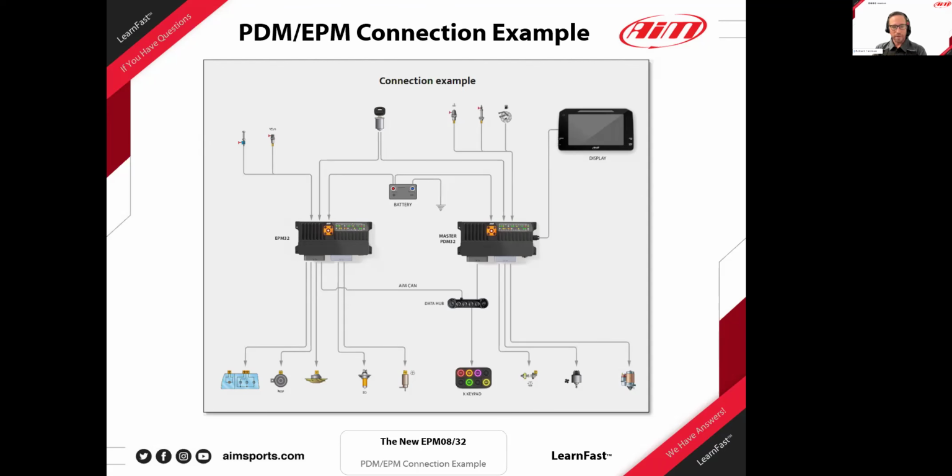Now, the important thing that you have to mention, and I've made this mistake once, the EPM does need an ignition turn on. So it's important to share the ignition turn on between these two devices, or you get a delay in activation of your secondary device. In my mess up, I had the PDM32, and then I had a power output right next to where I located the EPM.